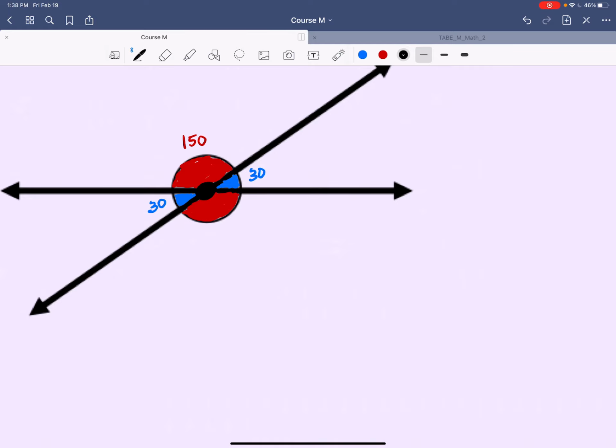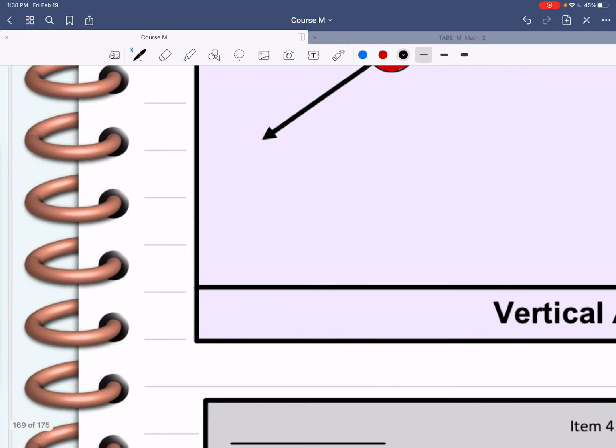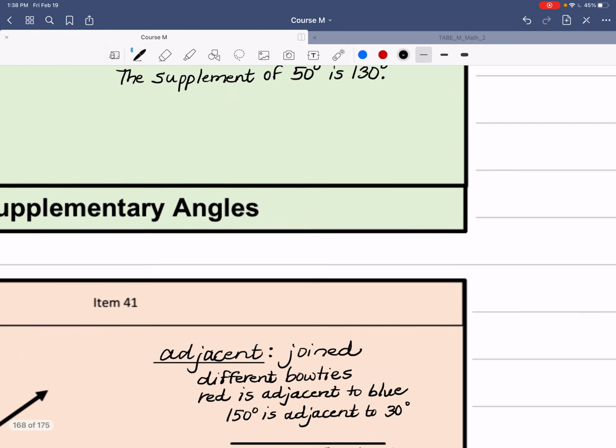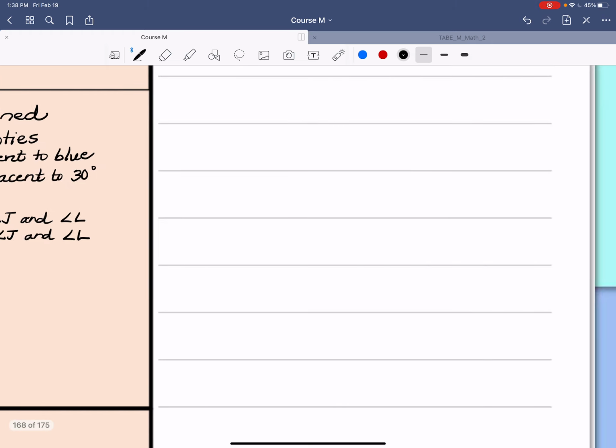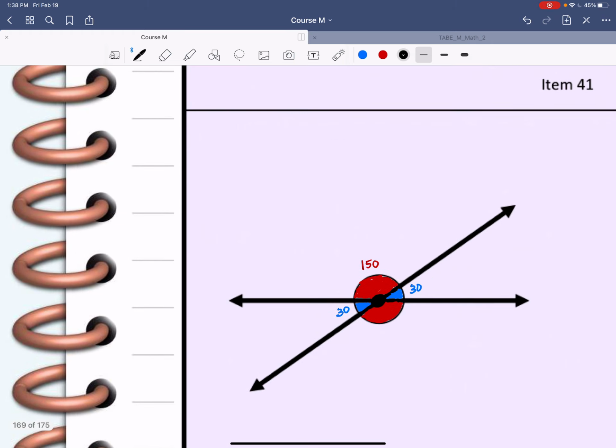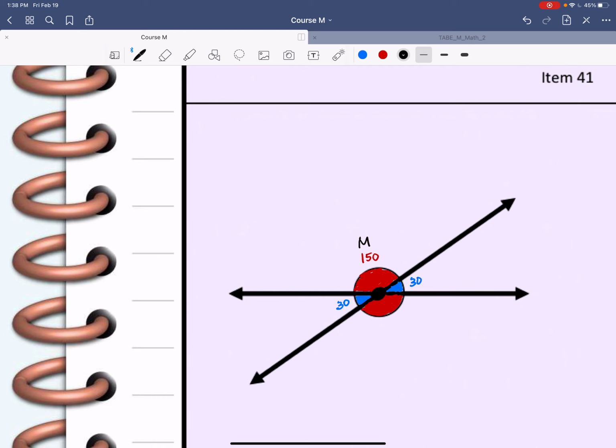So let's give these some names. I stopped with, which one? Sorry, JKL, so we're up to M. M, N, O, P, and I forgot to label O, is 150.